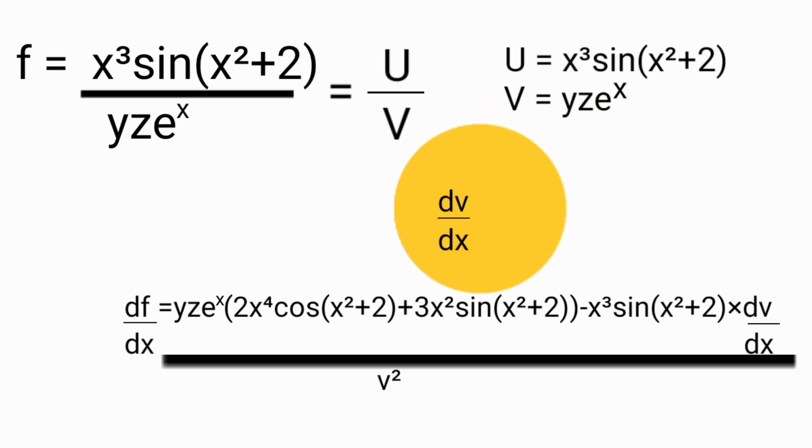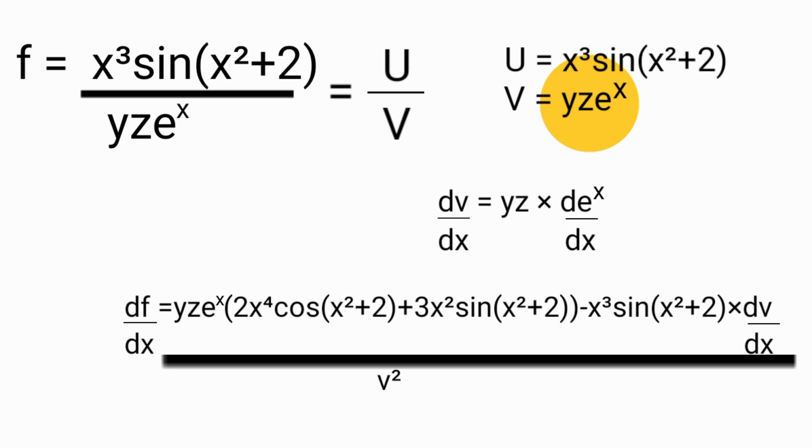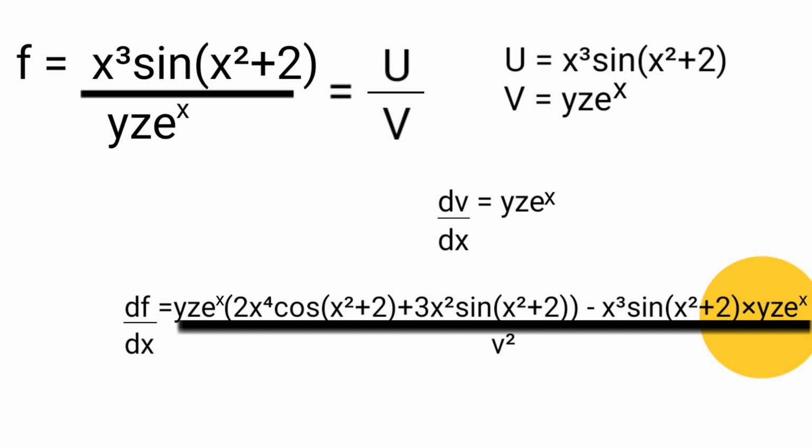So what is dv/dx from this? Here y and z are constants since we are differentiating with respect to x. So the derivative of exponential x is also exponential x. Exponential x does not change when you differentiate it, all over v squared, which is y z exponential x all squared.